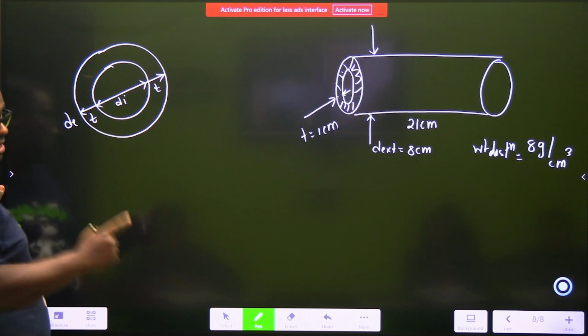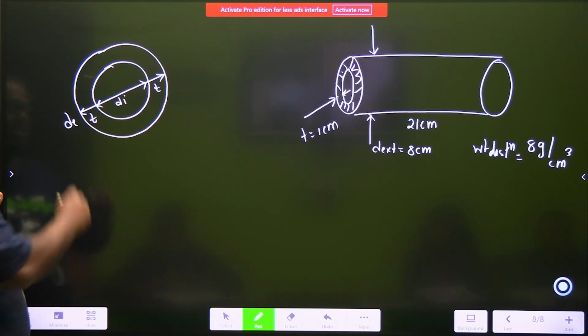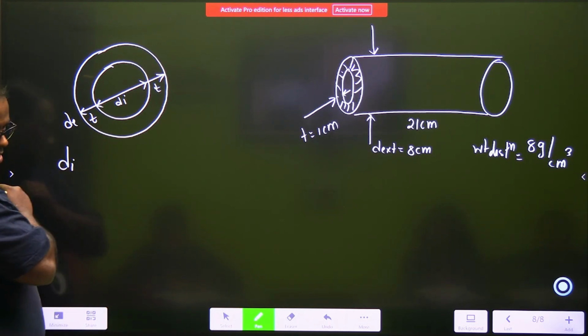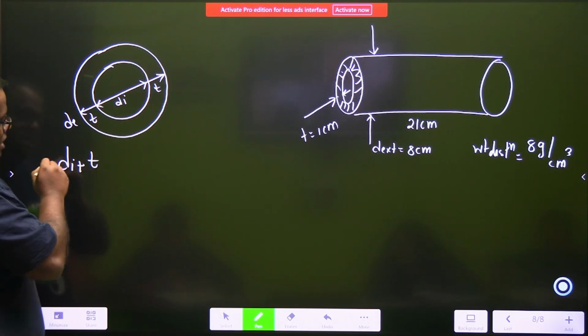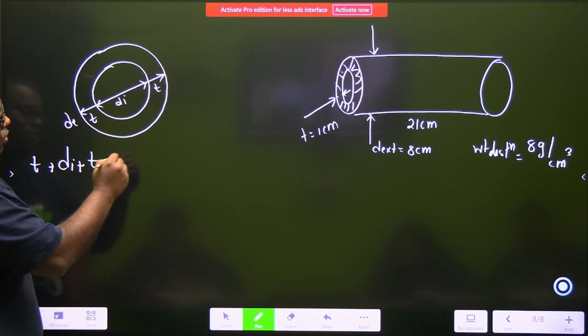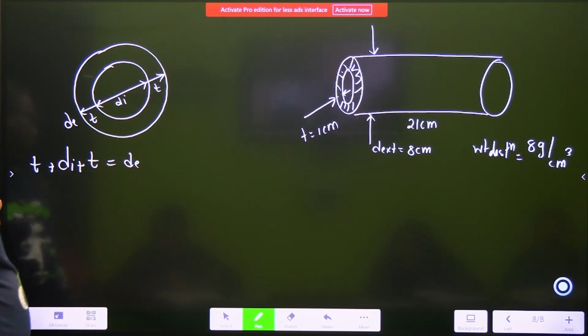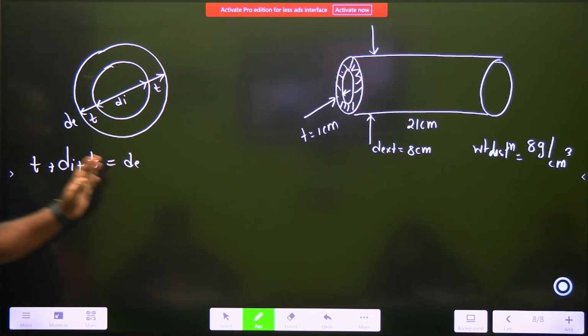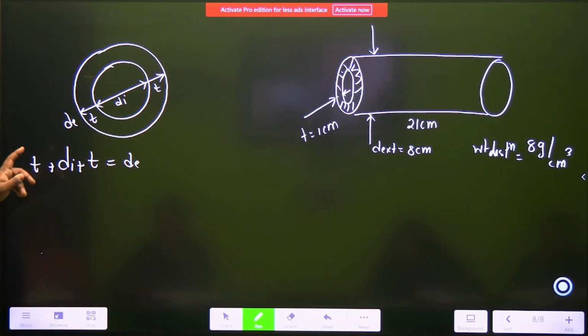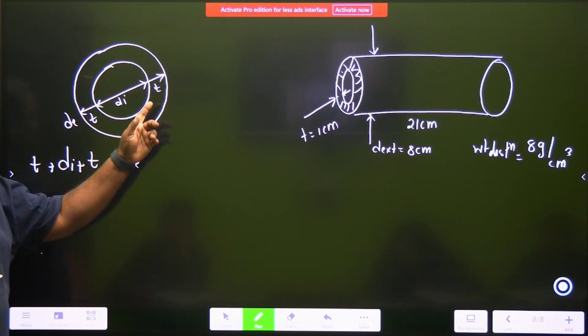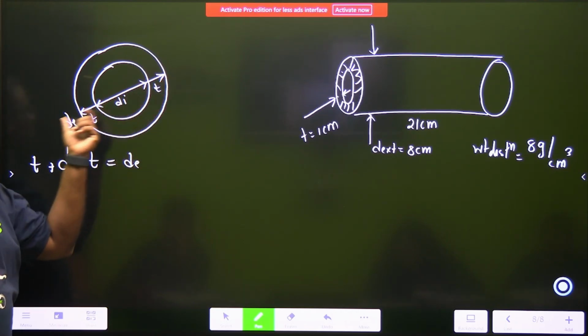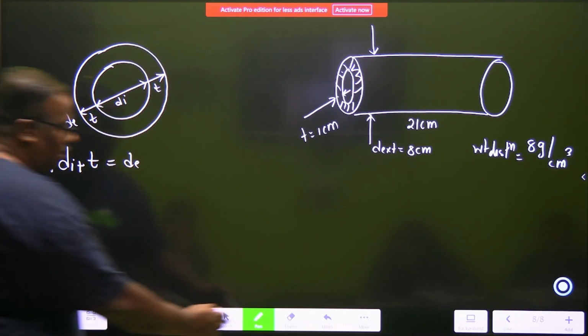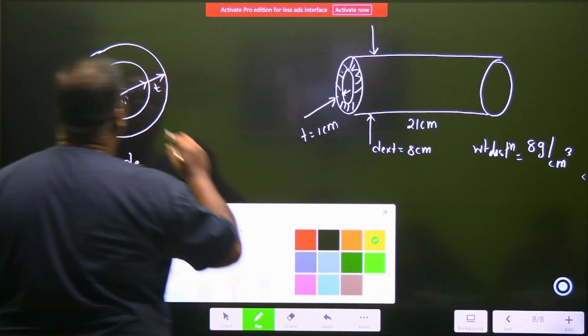Let's see the first relation. The internal diameter, if I add a thickness on this side and a thickness on this side, then what do I get? External diameter. Pay attention here, this is something people will go wrong. If you are calculating with diameter, then the thickness comes twice. But just see the interesting thing.